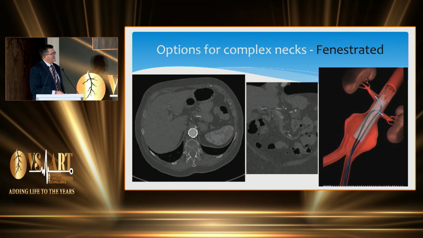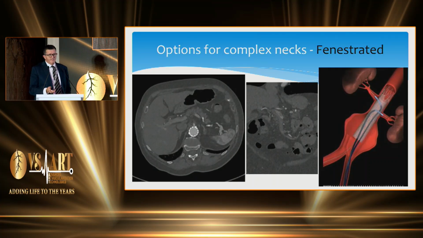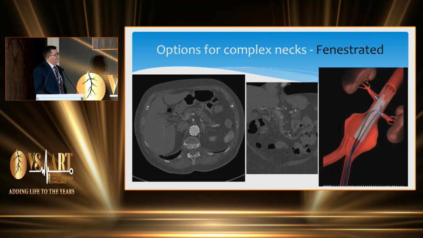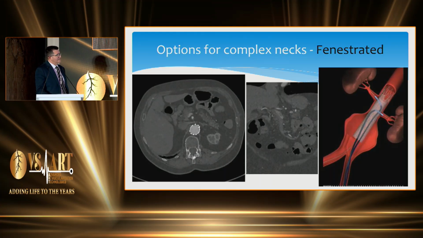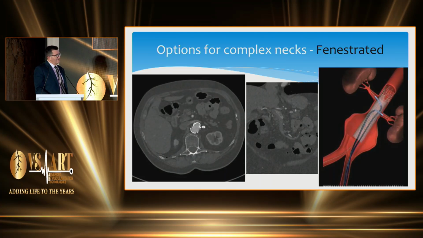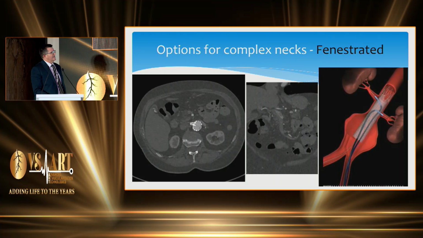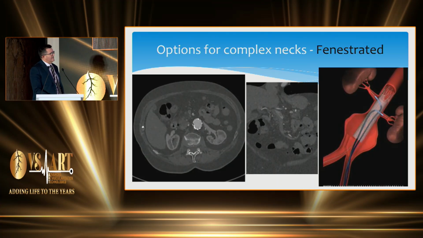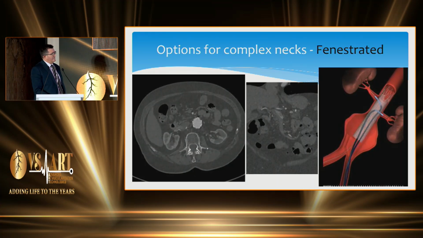Another way of doing this is to take the landing zone higher up, so we can use fenestrated grafts. We just heard of some of those tools that we can use, and one of these is utilised not too well, I don't think, in our units anyway, which is just a bilateral renal fenestration with a scallop.